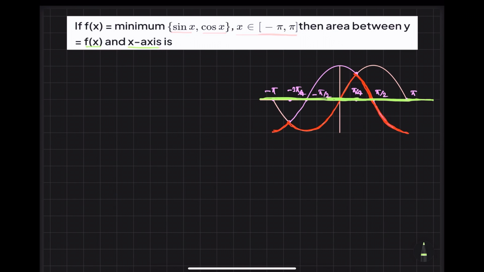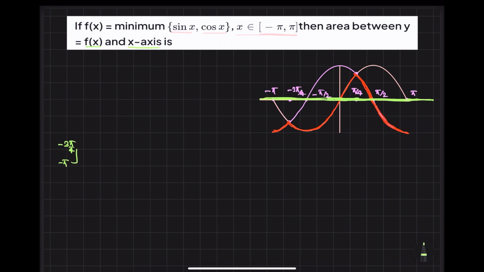So look at this, how we will proceed. In the first region, focus on the green part and the red part. Okay. If you observe the region from minus pi to minus 3 pi by 4, who is above? Means upper curve minus lower curve.